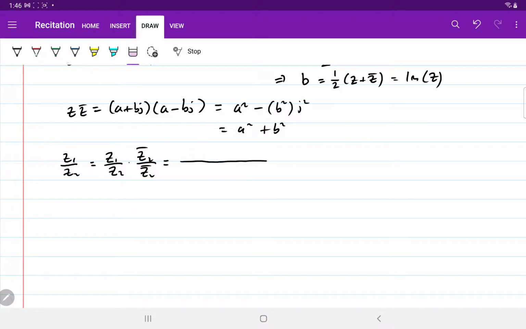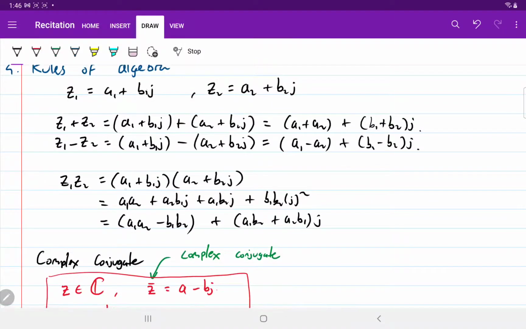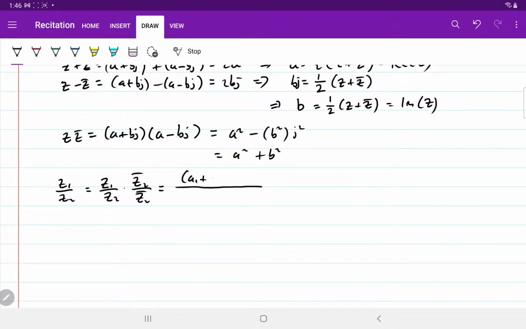I haven't defined z1, so we use the same z1: z1 is a1 plus b1j, and z2 is a2 plus b2j, and the conjugate is a2 minus b2j.